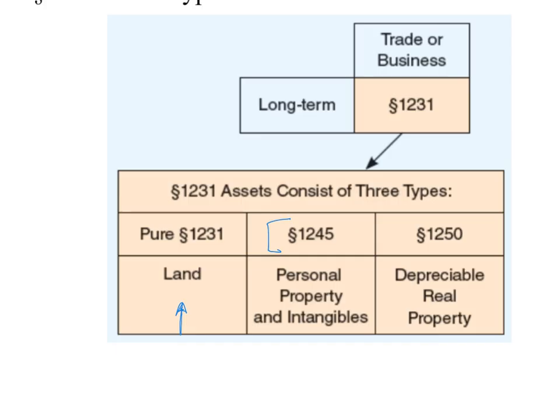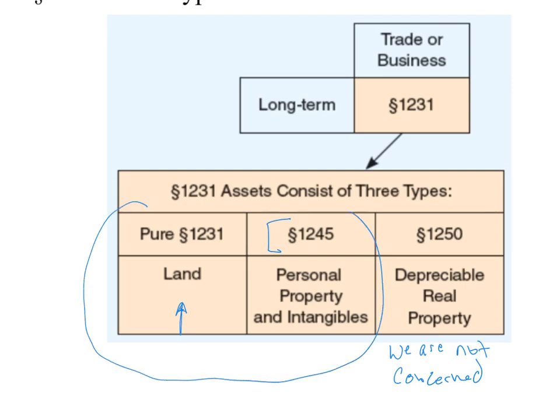And then you have 1250 assets, which are depreciable real property. For the most part, we are not concerned with these rules for this class. The focus of our discussion is going to be on 1231 and 1245.